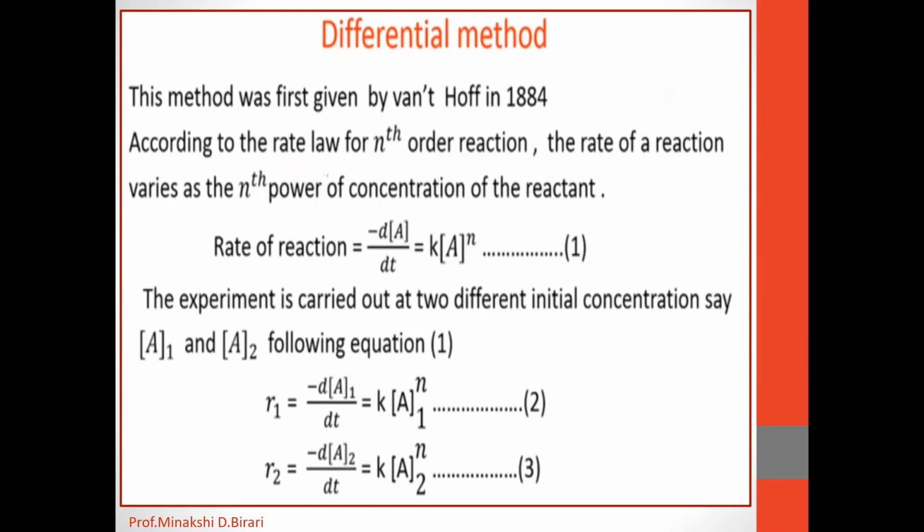Then second equation, R2 is equal to minus dA2 divided by dt is equal to K concentration of A2 raised to n, where R1 and R2 are the rates of reaction at two different concentrations A1 and A2 respectively.